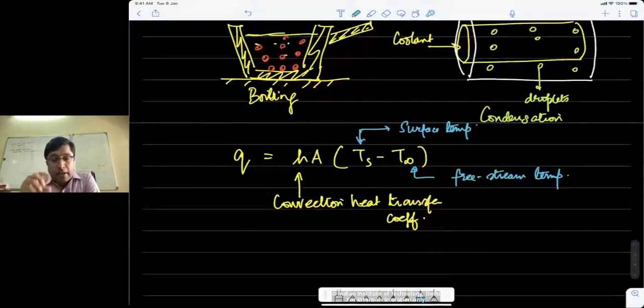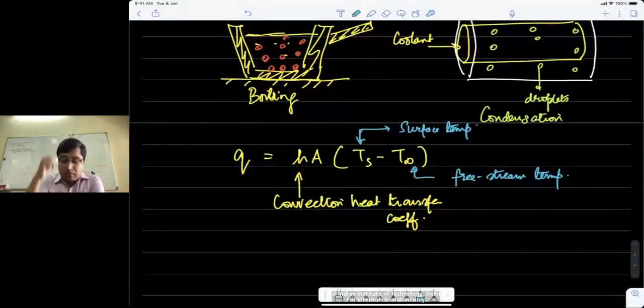So remember, in the boundary layer, the fluid temperature will rise or decrease depending on whether Ts is more than T infinity or Ts is less than T infinity. But let's assume that Ts is more than T infinity for now. In that case, the fluid temperature will rise near the surface, but it will gradually decrease to the temperature of the free stream fluid outside the boundary layer.